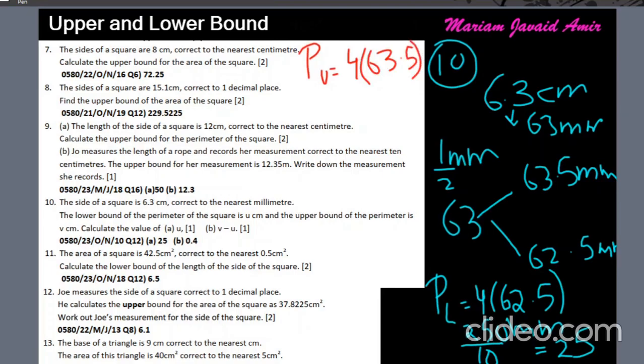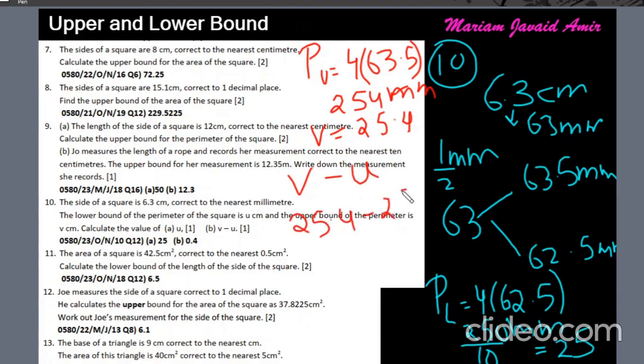So 4 times 63.5 is 254 in millimeters. Change this into centimeters, so 25.4. So this is v now. Next, we have to calculate the value of v minus u. v was 25.4 and u is 25. So the answer is 0.4.